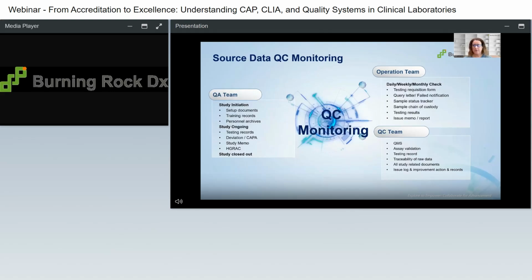This is another step for the quality control monitoring. In our labs, we have different teams that will look at different pieces of the quality puzzle. It's important that they are all in communication both with each other and with the clients. So our QA team is in charge of doing the study initiations, maintaining the study records, keeping track of any deviations that occur.